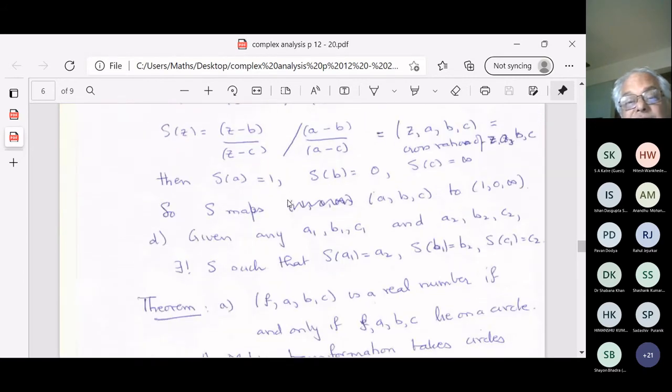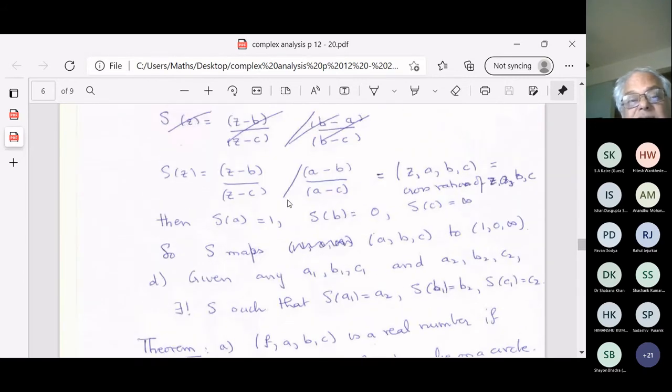Then we have this cross ratio. If you fix 3 points, then there exists a unique Mobius transformation.